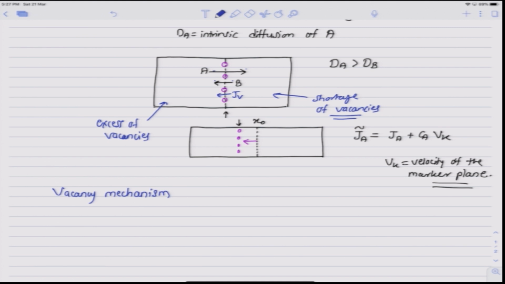Now, in order to maintain the equilibrium concentration, on the left side the vacancies have to be annihilated, whereas on the right side of this couple the vacancies have to be created, and so the sources and sinks of vacancies will play an important role here. What are these sources and sinks? As we have seen earlier, dislocations and grain boundaries would act as sources and sinks.